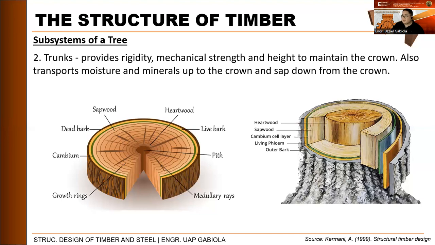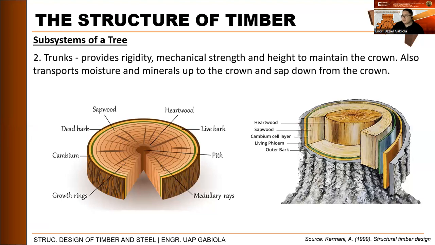We can see tubes here that differ only in diameter, and as we go beyond the pith, the very center of our timber, our wood, our trees, they have different names. Okay? The cell walls are made up of cellulose, and the cells are bound together by a substance known as lignin. That is our bonding agent between the walls of the cells there. Okay?